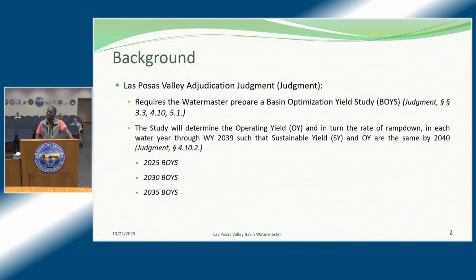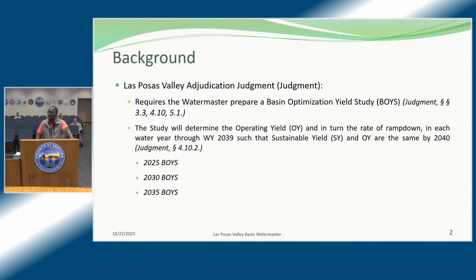Chair West, members of the board, for the record, I'm Farai Kaseke, agency staff, bringing item 18, which is a response report to the Technical Advisory Committee's recommendation report on the Basin Optimization Yield Study numerical modeling result. So these results are preliminary. As a background, I've already mentioned the Basin Optimization Yield Study in the previous presentation.